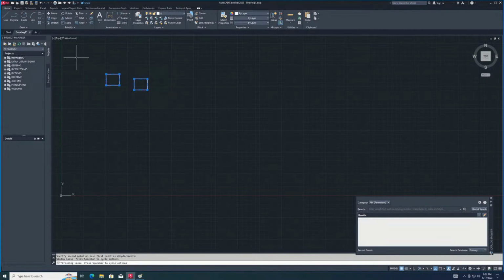Oh no, like whack these like that. Let's do 0.25 for snap. Rectangle. Here we go.